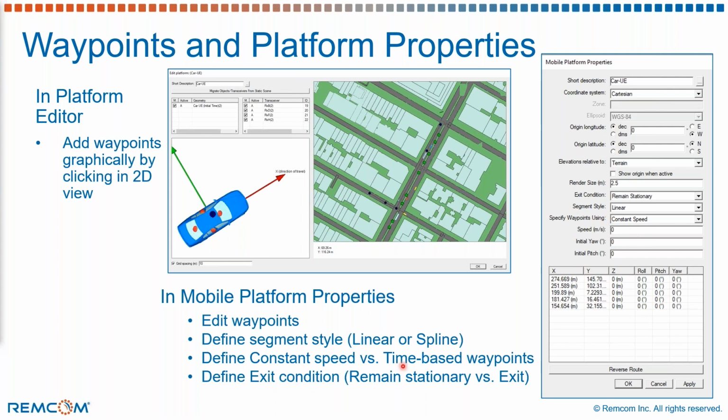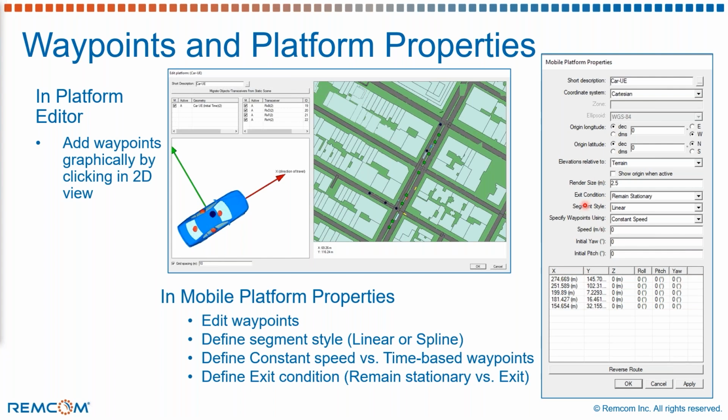But if you choose time-based waypoints, you'll have one more column for time, and you can define where and how that object and that configuration of transceivers and objects is moving through the scene at each time step. That would enable you, for example, to have something that's rotating. You wouldn't have to have changing waypoints. You could just have rotations. It allows for very flexible definition of what kind of movement or change in time that you'd like.